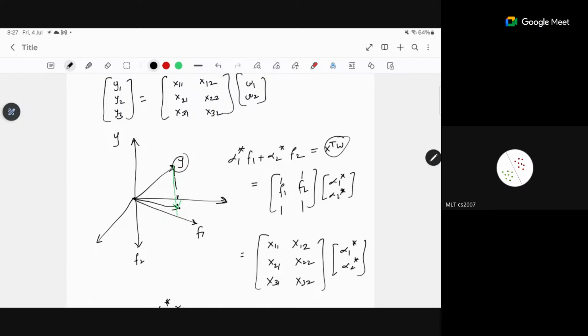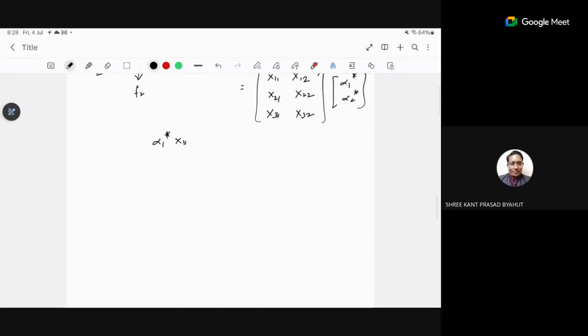I wanted to show that part, but we'll leave it at this point. But you know that this is a projection of y on the feature space, on F1 and F2, because the perpendicular projection will be there. It is in the span of F1 and F2. Is that okay?